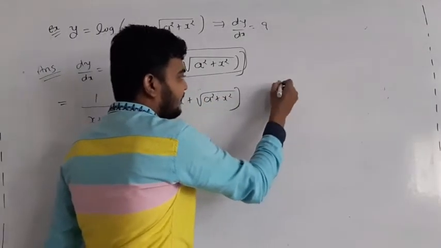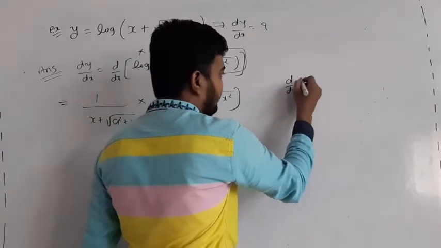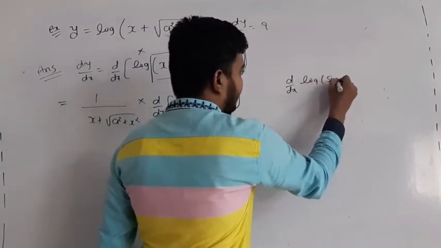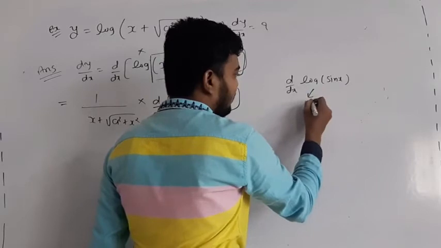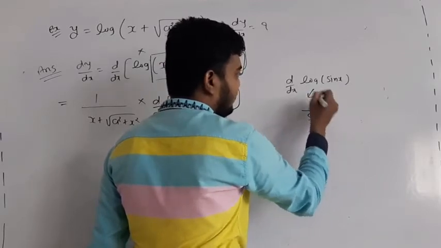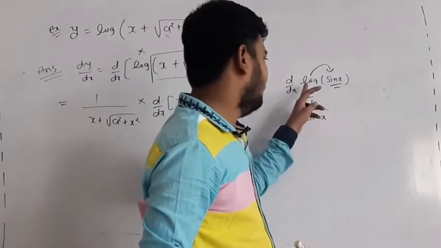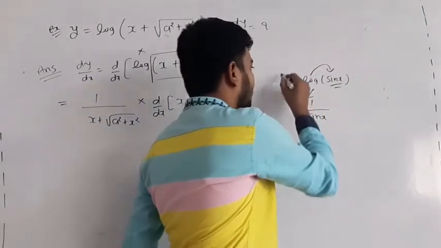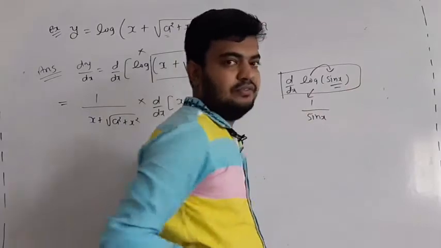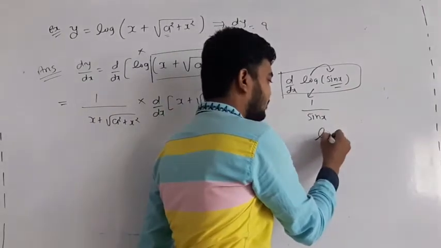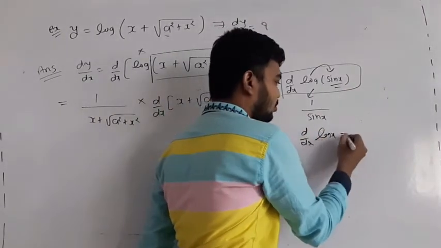If there is d by dx of log of sin x, then the derivative of this log is 1 upon sin x, because the inner side of log is sin x. So it is the reciprocal of the inner side, because d by dx of log x is equal to 1 by x.